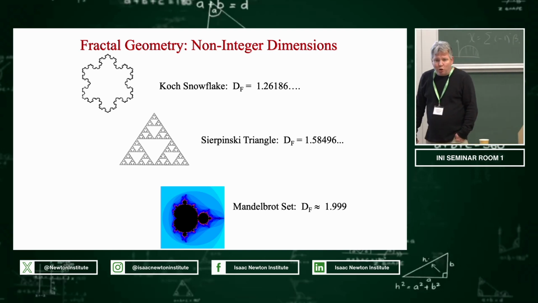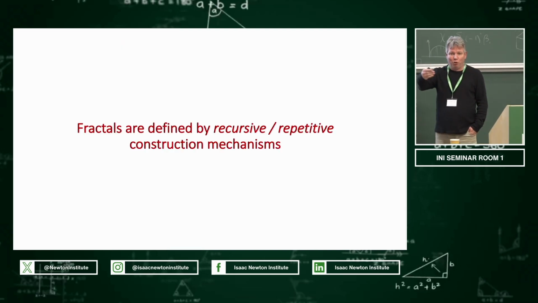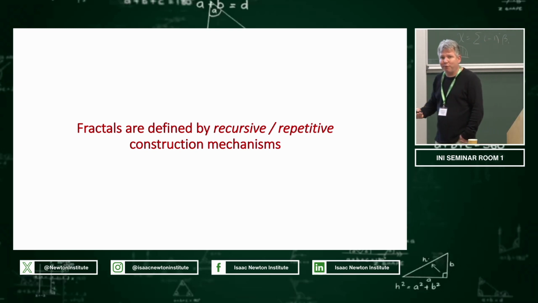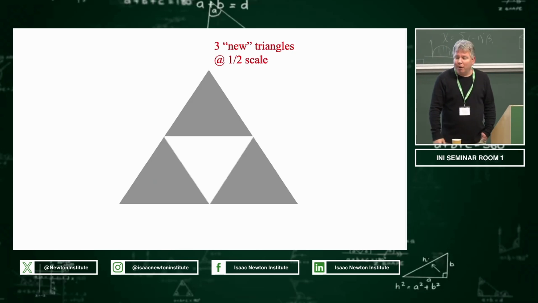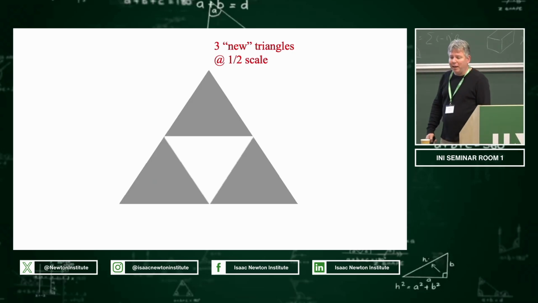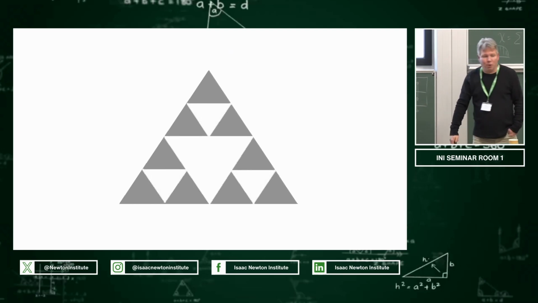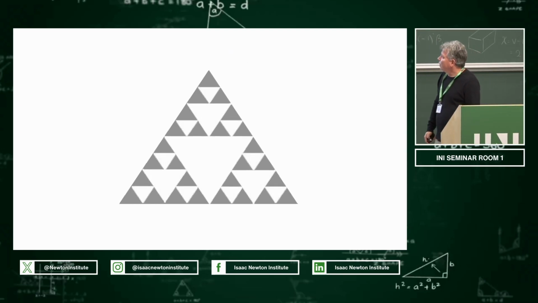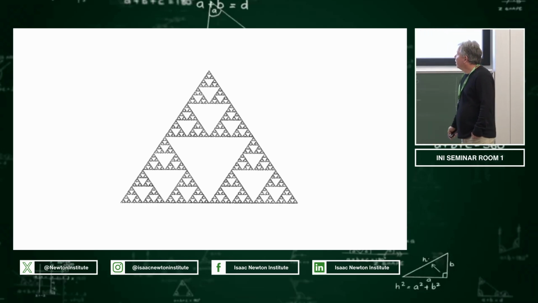And we could talk about construction of fractals as well, right? So again, the idea of recursivity or repetitive construction is at the heart of a fractal. So I start with a triangle, and if I cut one triangle out of the middle, I've got 3 left at 1/2 the scale. And then I'm going to repeat that construction process in those, right? And if I keep repeating it in the gray triangles, then I get that, and it goes on and on.